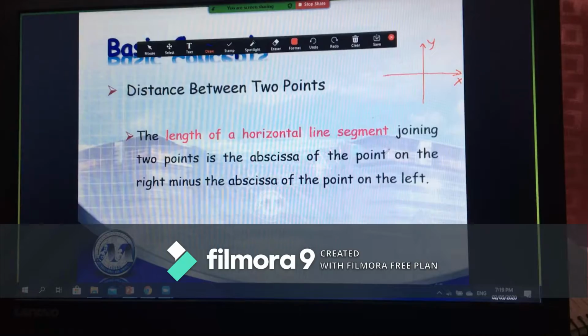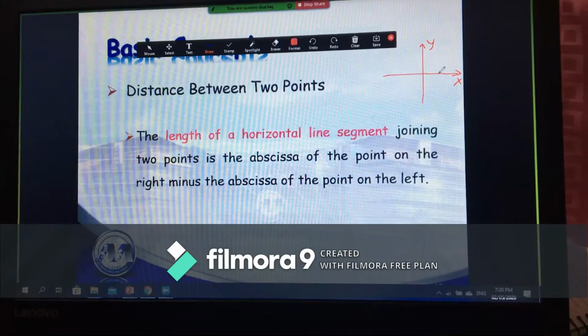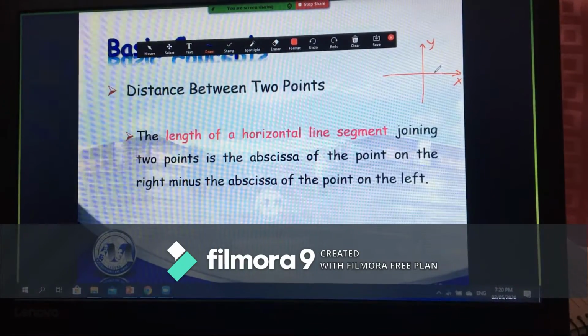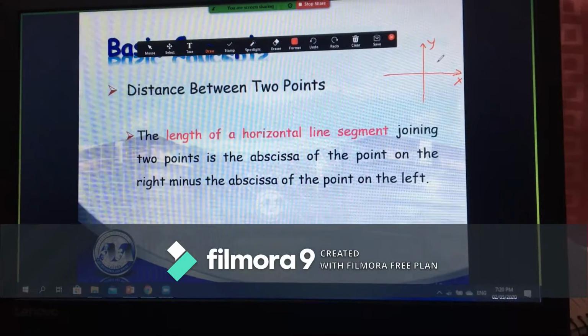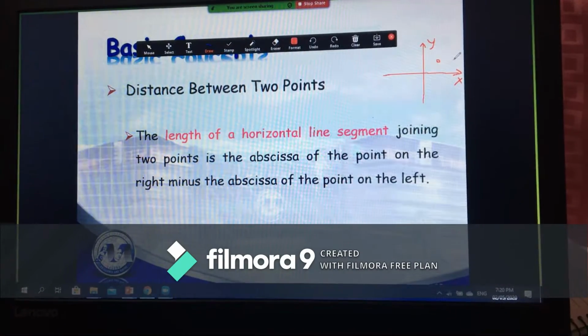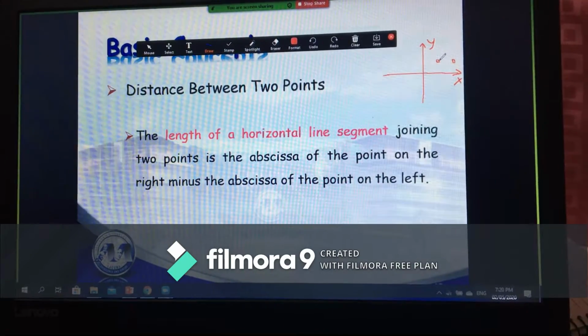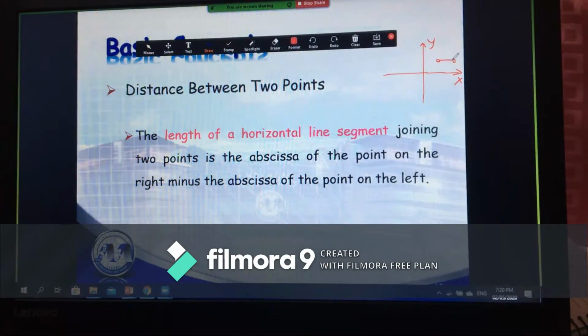Assuming that you have 2 points here on this horizontal line, this point here and this other point. You are asked to measure the length of this.